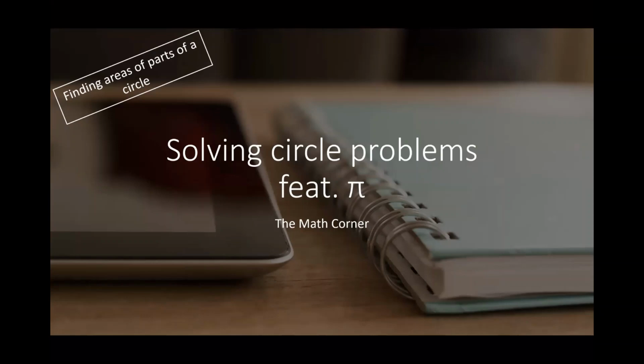In this video, we will learn to solve various circle problems, focusing on finding areas. Keep in mind that this video is an extension of my previous Math Corner video, so if you want to know more about the basics, parts of a circle, and the formulas to finding the perimeter as well as the area of a circle, then check out the last Math Corner video.